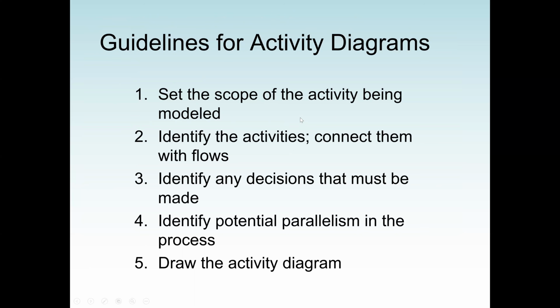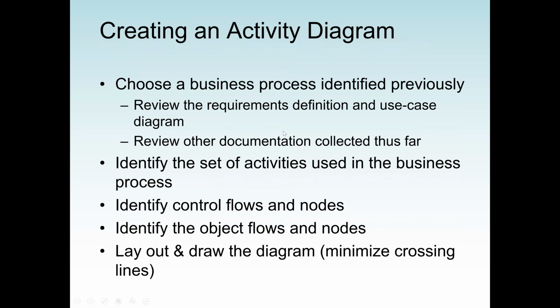Identify all the activities, connect them with flows, then identify any decisions that must be made, and identify potential parallelism in the process, which means two tasks can be performed at the same time, very important. Then we draw the activity diagram.